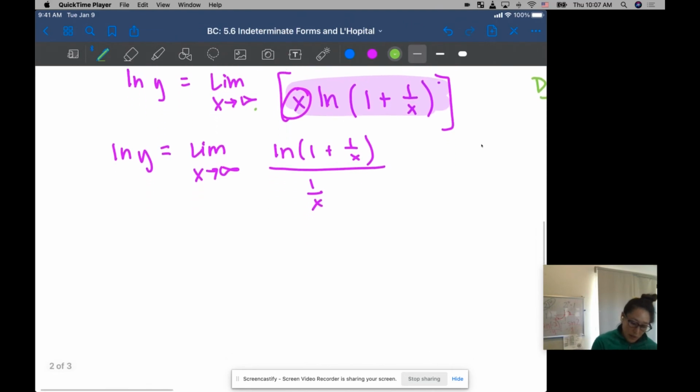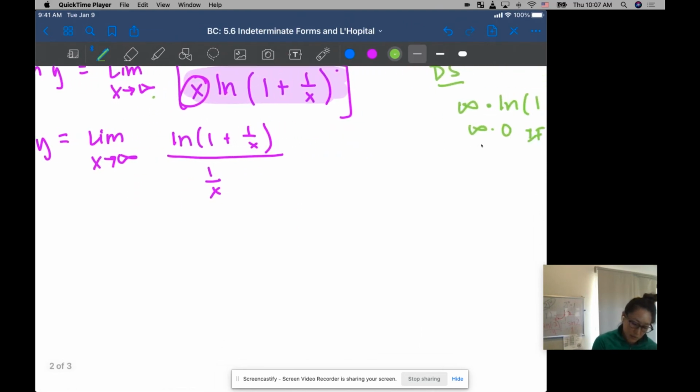Okay, when I use direct substitution, I get the ln of 1 over infinity. That is 0, so I get 0 over 0, again, which is an indeterminate form. So I can apply L'Hopital.